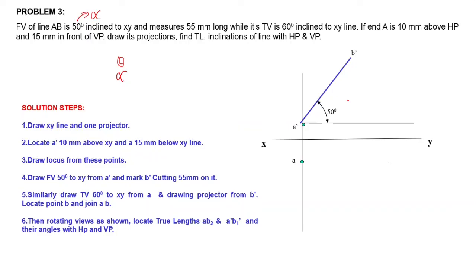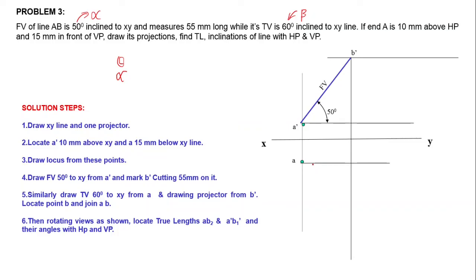Then we can represent the top view by projecting that end point B dash, and we have already given the angle between top view and XY line as 60 degree. That means this angle is equal to beta, apparent inclination with VP. We have already given that angle.